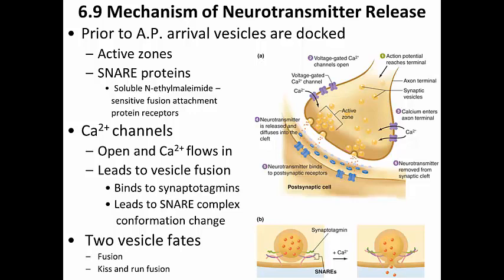But another possibility is this so-called kiss-and-run fusion, and so this means that there's a slight fusion, exactly like what we see depicted in this lower right-hand side of our slide, what I'm circling here. Some neurotransmitter is released, and then it backs off. So all the neurotransmitter is not released.